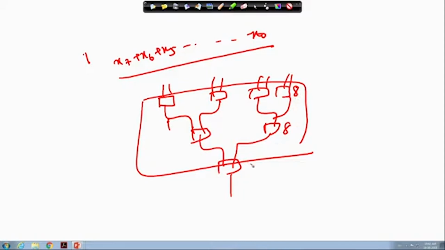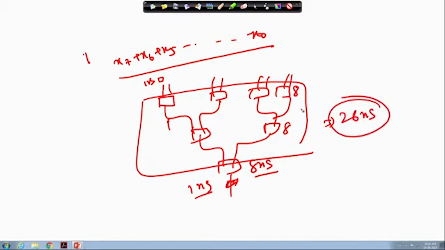So with 8, 8, 8, for computing this and this, the register delay is 1 nanosecond at this stage. So total 26 nanoseconds I require for computation of this particular stage.